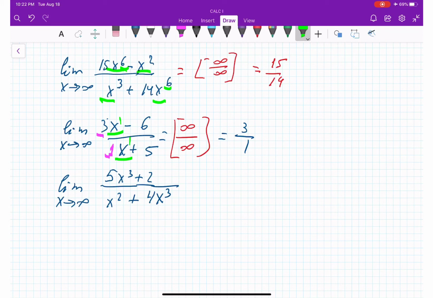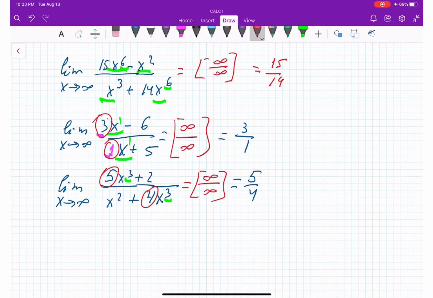Looking at it, do we have x cubed as the highest degree? Yes. And if we plug in infinity, we get infinity over infinity. So from here, we are getting 5 over 4, because this is your 5 and this is your 4. Here we have coefficients 3 and 1, and here coefficients 15 and 14. And that's how we get the answer.